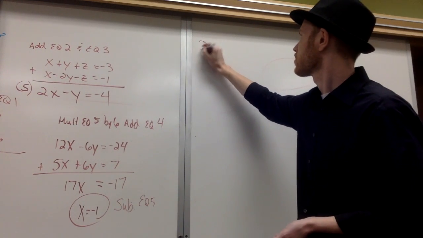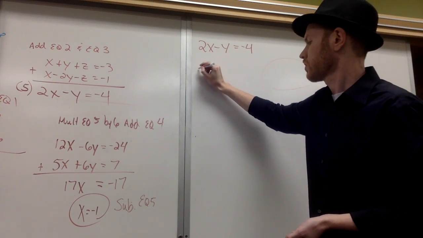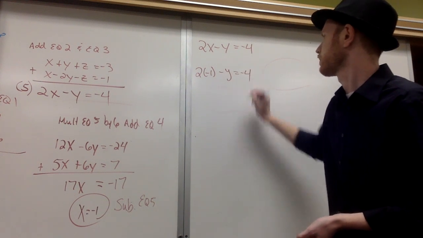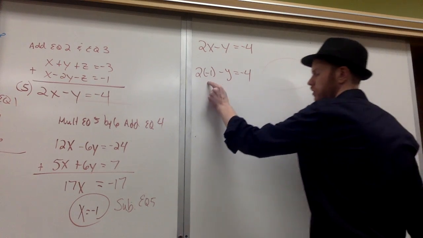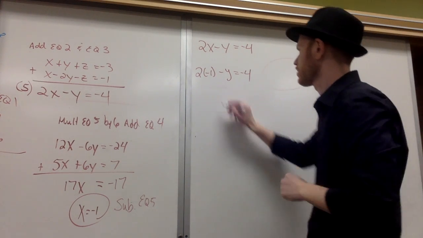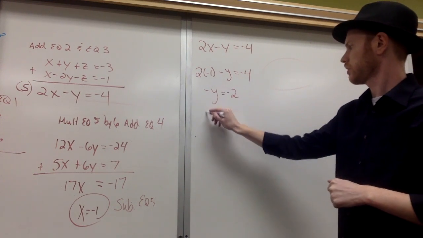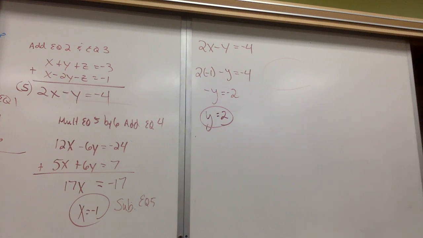And I'm going to substitute. So 2x minus y equals -4. So that's going to become 2 times -1 minus y equals -4 when I plug that number in. So that's a -2, which I have to add to this side. So I get -y equals -2. Divided by the negative, y becomes 2. Okay?